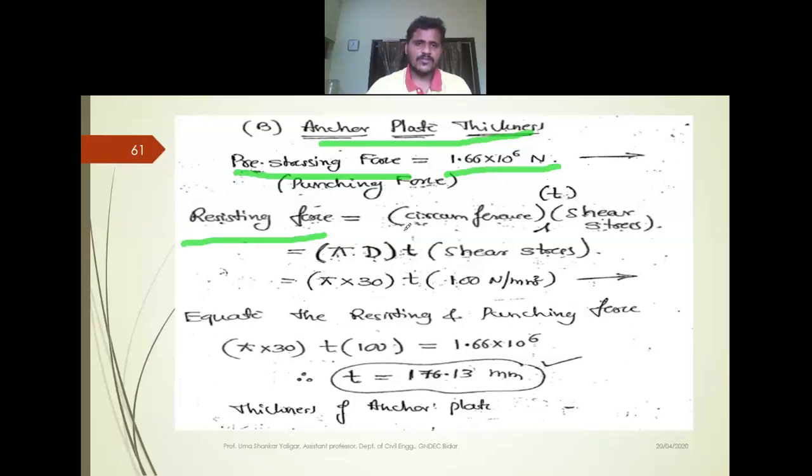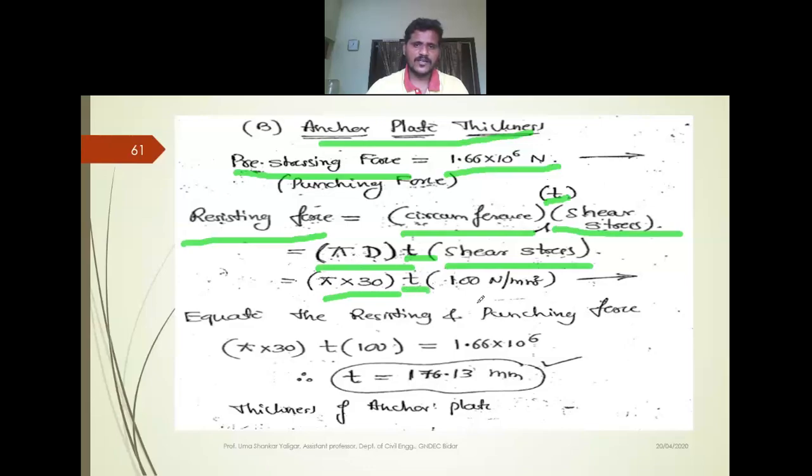There you have the shear stress. Therefore, shear stress into area, but the area of the circle is circumference into t. The circumference into thickness will give the area of that circular female cone, which is where the shear stress acts. Circumference is equal to pi into d, with d as 30 mm.